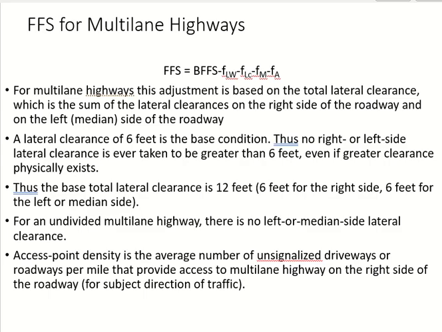This is the equation for free flow speed for the multi-lane highway. Again, there is one thing in this equation which is given in the question directly, which is what? There can only be one thing. What is given in the question? BFFS, right? Base free flow speed.